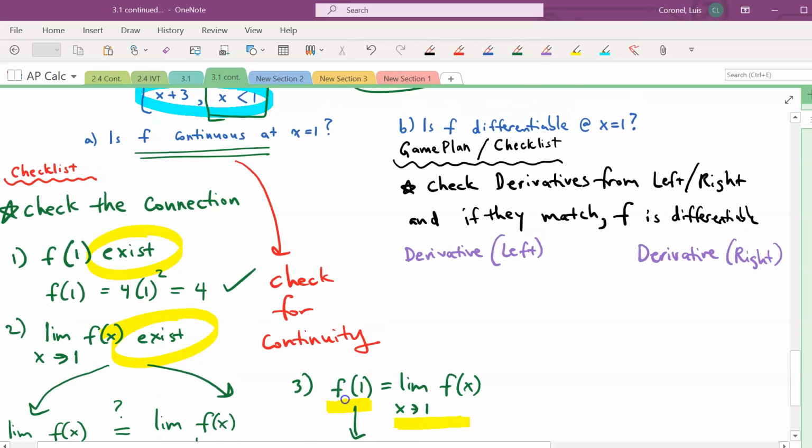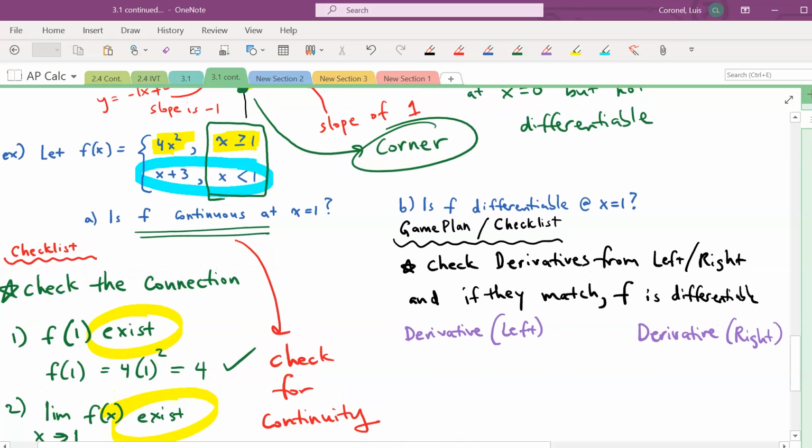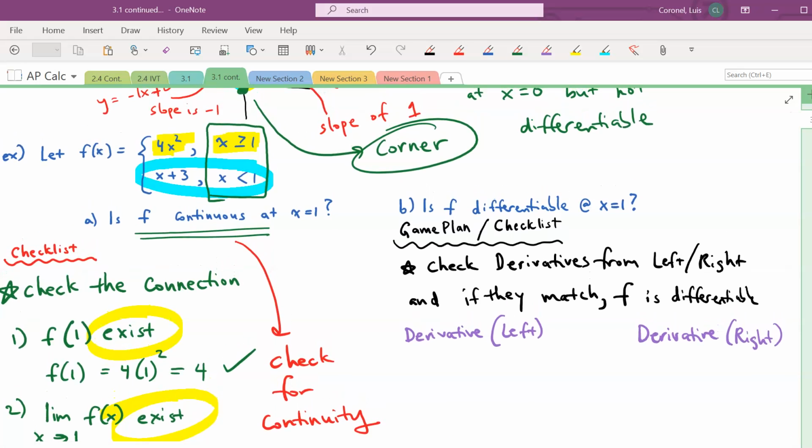So let's look at our function from the left side. As we are approaching 1 from the left side, that's this function here. This is the left side. And from the right side, anything to the right of 1, that's the top function in yellow.